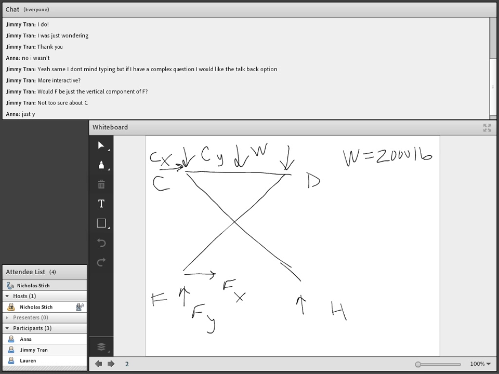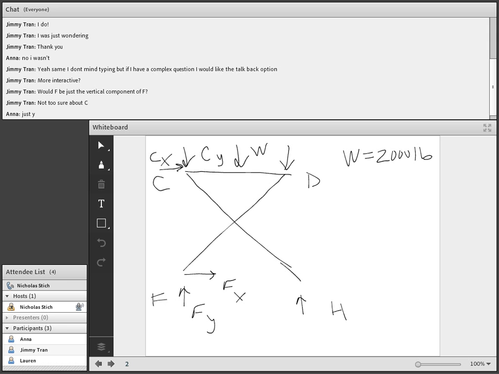That's H. And then this platform, we still have the weight acting on it, and this weight is 2,000 pounds. All right. So we have 3 unknowns, and we're going to be able to get 3 equations. That way we can solve for Fy, Fx, and H with this free body. So I'll go ahead and start a new page, and we can solve these out.